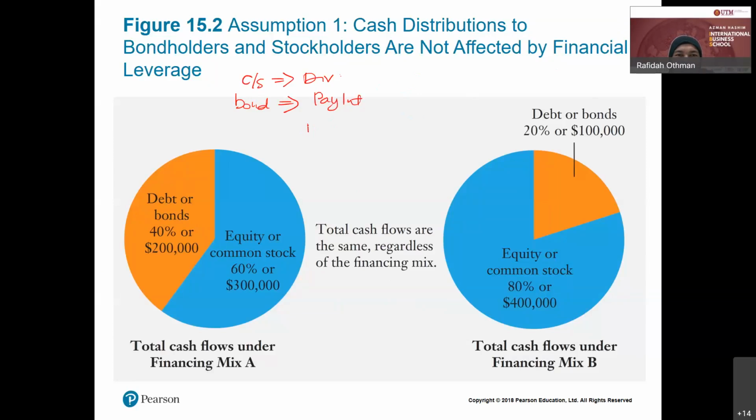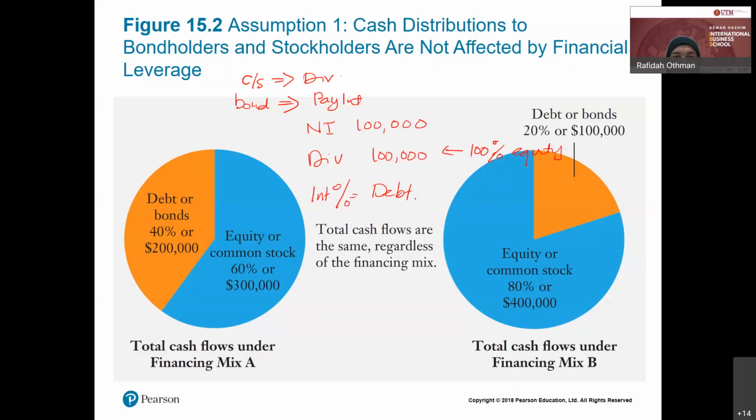You have 100,000 net income. Either you pay dividend, so what you do is pay dividend of 100,000 if it is 100% financed by equity, or you may pay interest if it is 100% on debt.